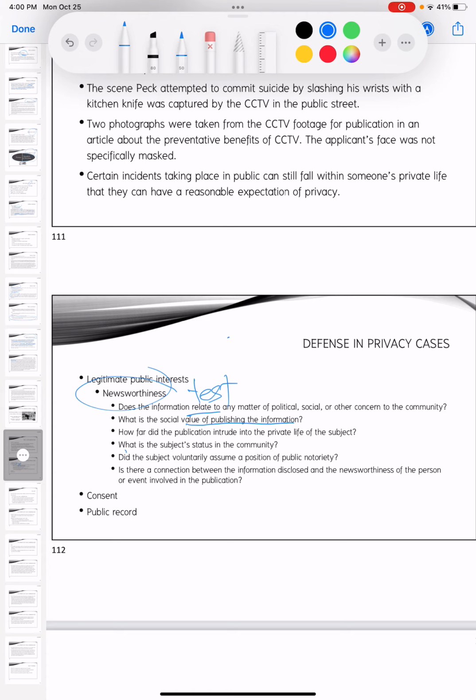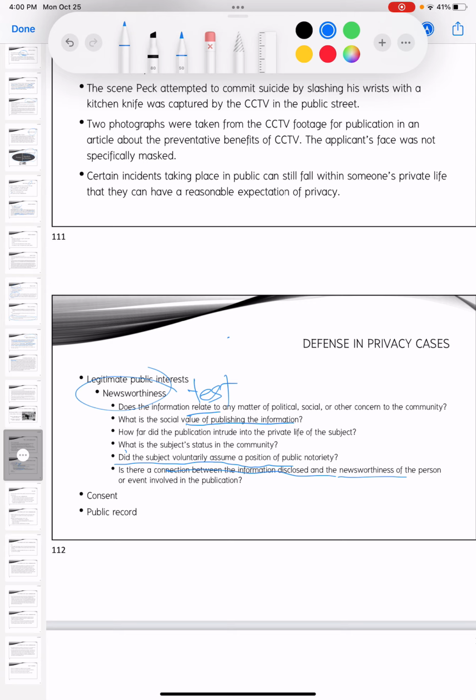Did the subject voluntarily assume a position of public notoriety? Is there a connection between the information disclosed and newsworthiness? So we have to look at these questions, try to answer, and then conclude what would be the result of the assessment, which one prevails.